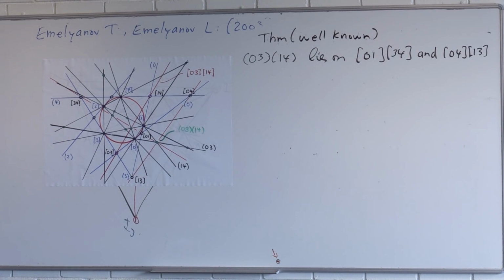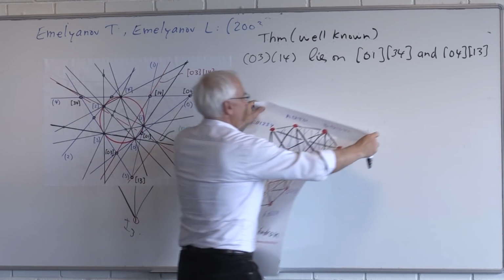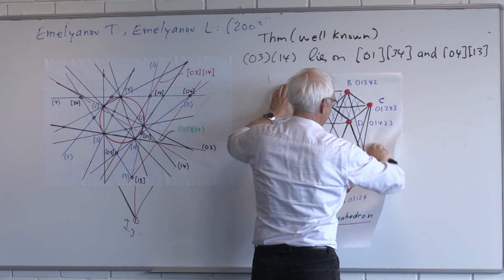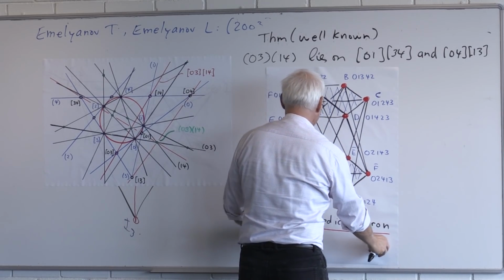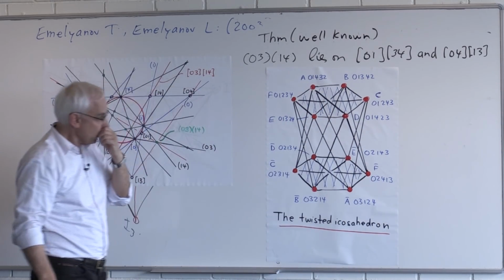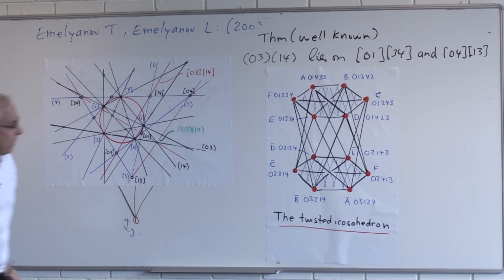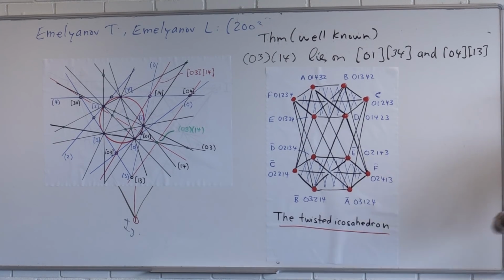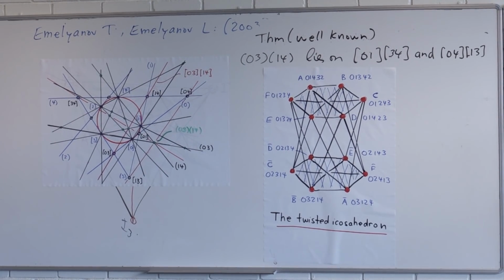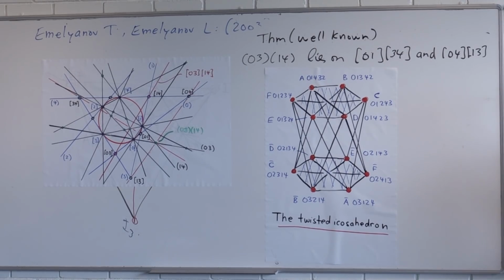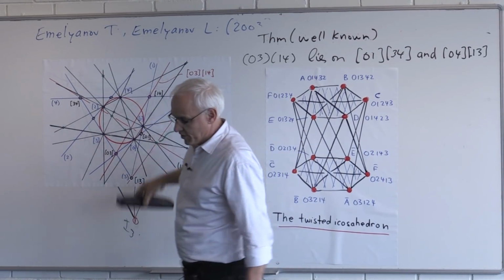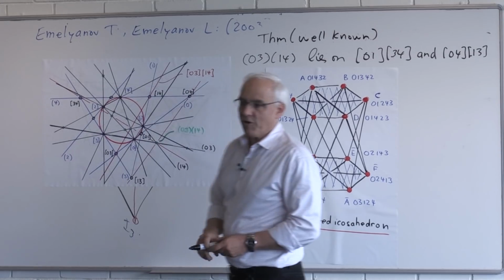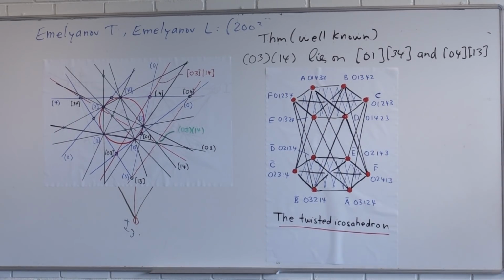Okay, so now to connect everything to the original configuration of this twisted icosahedron. Where does the twisted icosahedron come from? Well, it turns out that if you look at all these points, not just the ones that I've drawn there, but all of them, there are some additional beautiful conics that arise.